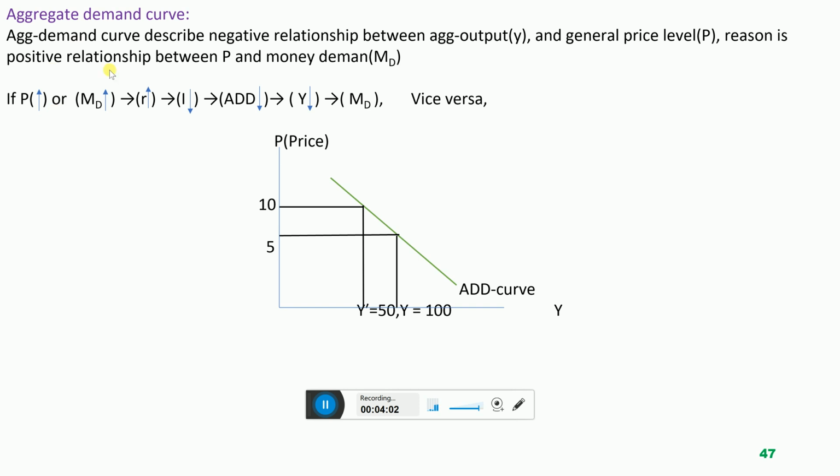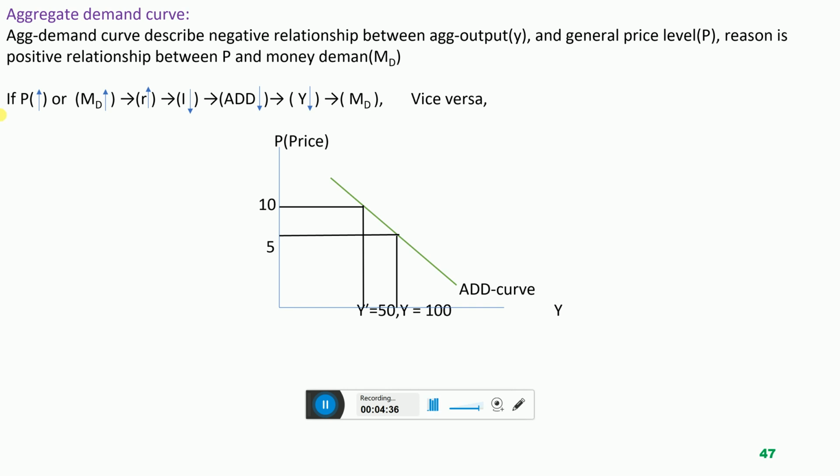We define that there is a negative relationship between output Y and the general price level, and the reason is the positive relationship between price and money demanded. Let me clarify by putting this chain of variables. When the general price level increases, note that the general price level includes prices of goods and services, wage rates, salaries, interest rates, rent of buildings, everything.